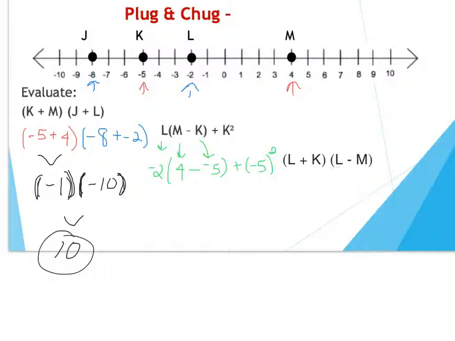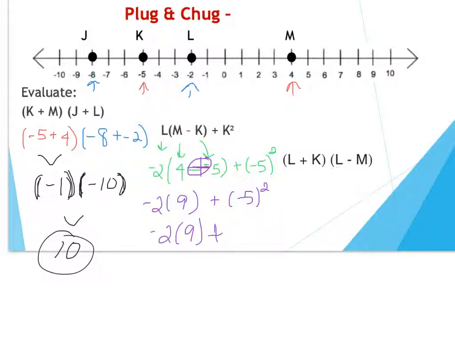So order of operations, I'm going to solve what's in my parentheses first. So I have -2 times, and I see this double negative again, 4 minus -5. That double negative becomes one big positive, so 4 plus 5 is just 9. Plus -5 squared. I need to do my exponents next. So I have -2 times 9 plus -5 times -5.